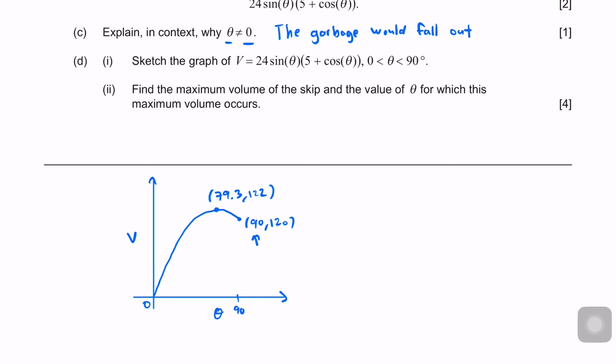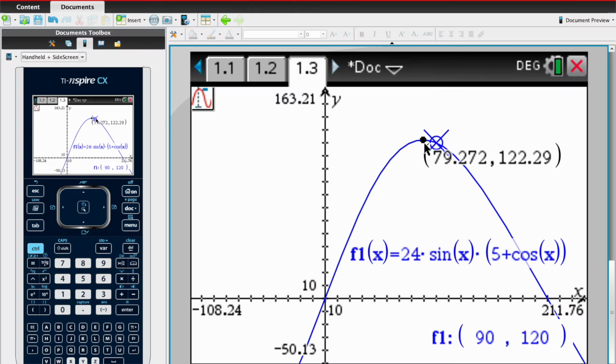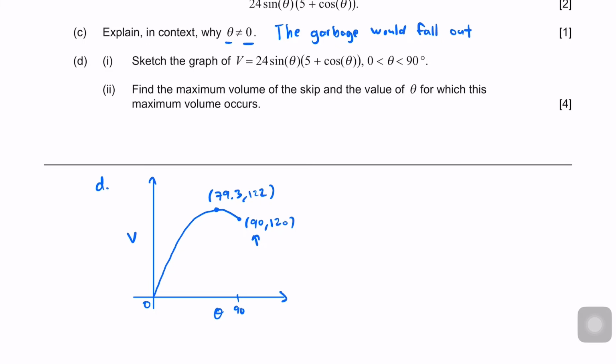So just going back to the calculator, it's this maximum right here. When theta is equal to 79.3, our volume is equal to 122.2. So here is D1, this is D2, the maximum volume of the skip.